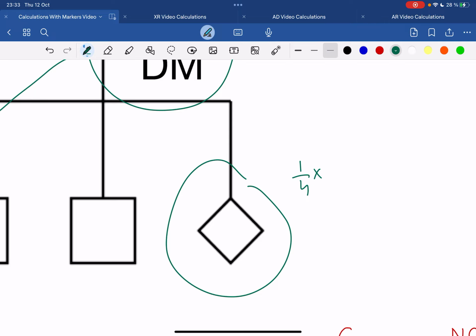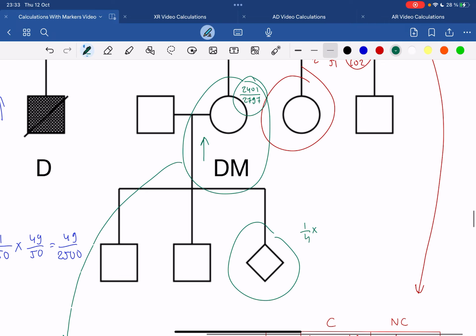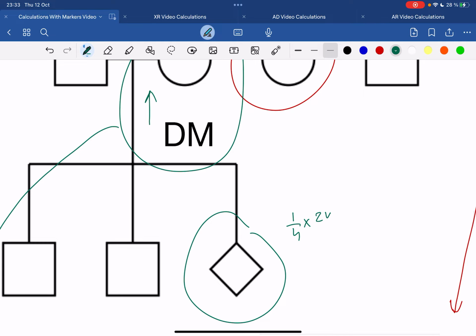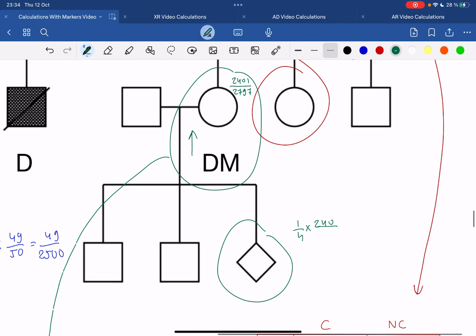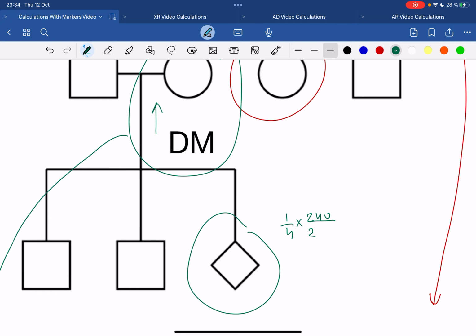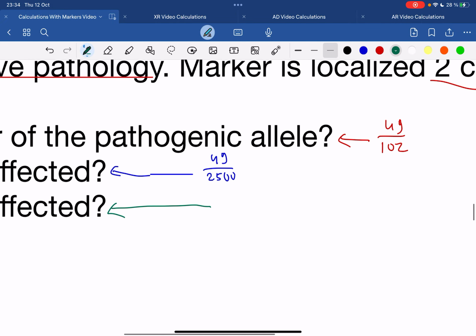And then we multiply it by the mother's chance to be a carrier, which is 2,401 divided by 2,797, which is equal to 2,401 divided by 11,188. That is the answer that I get for this part.